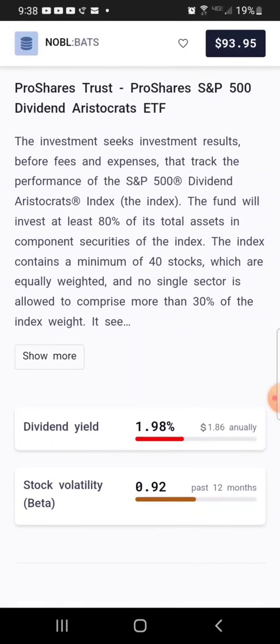You guys see the dividend yield on this is 1.98. Make sure you remember that. So an ETF at 1.98 is a steady grower and a pretty solid ETF. Just remember that yield and you'll see what I'm talking about.